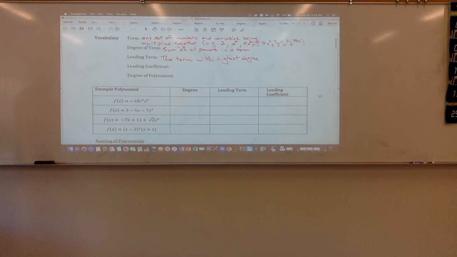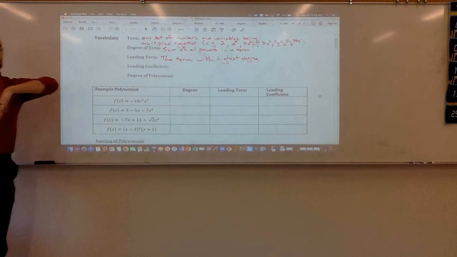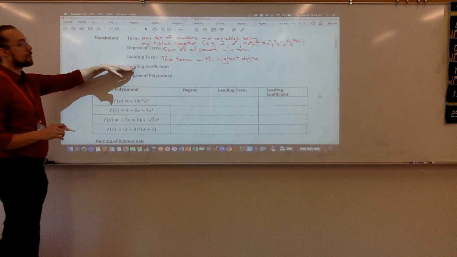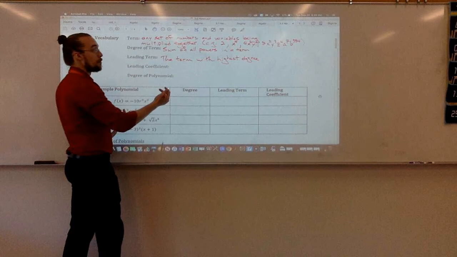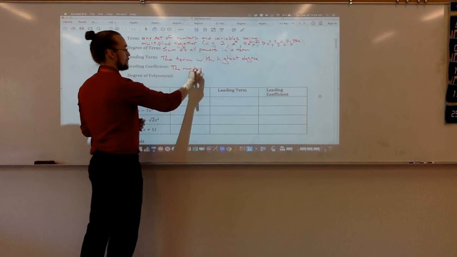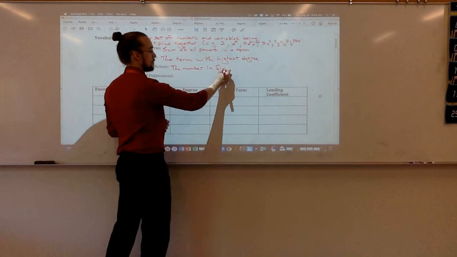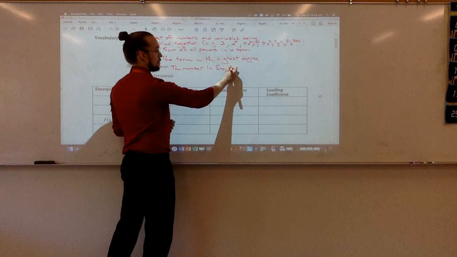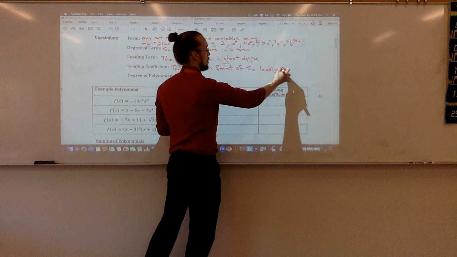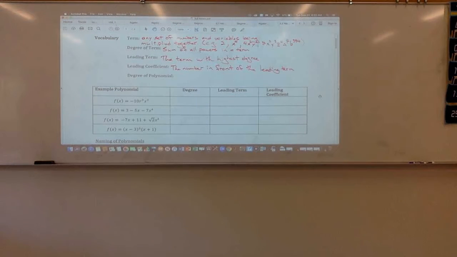What's the difference between leading coefficient and leading term? Right, the leading coefficient is just the number in front of the leading term, right? So it's the number associated with that leading term.